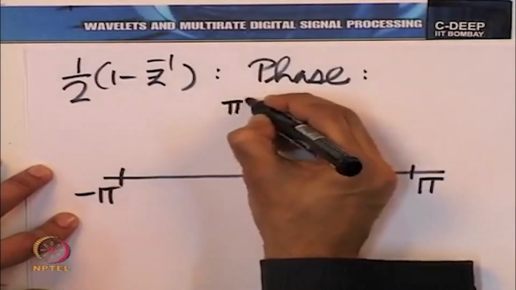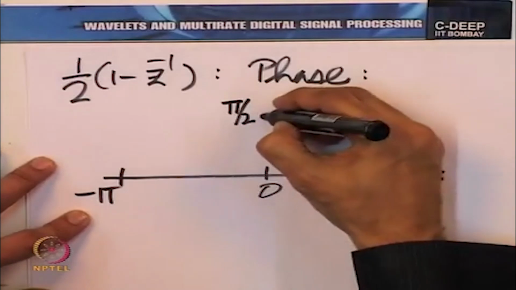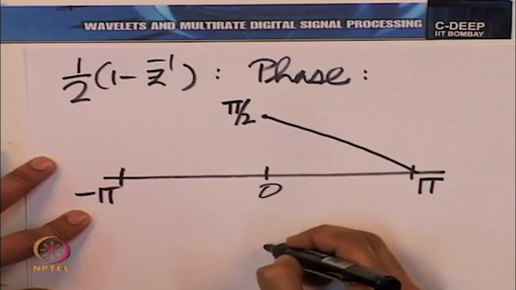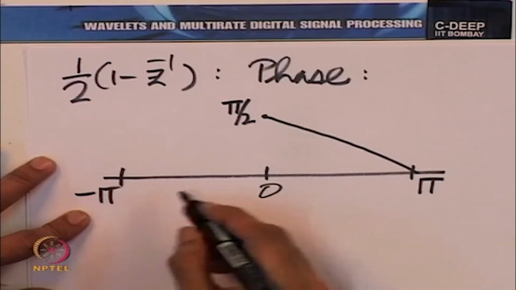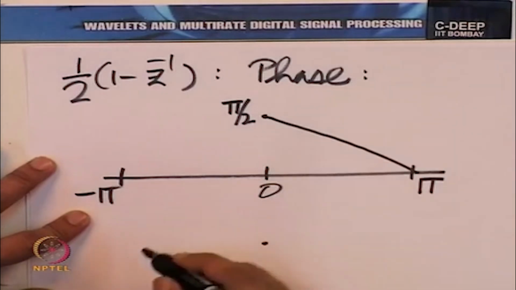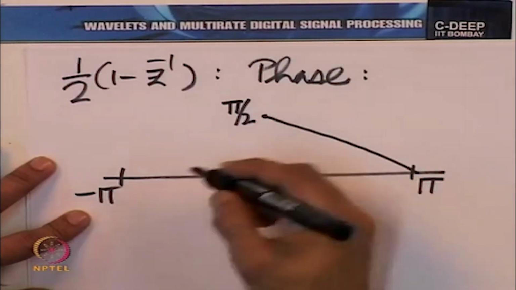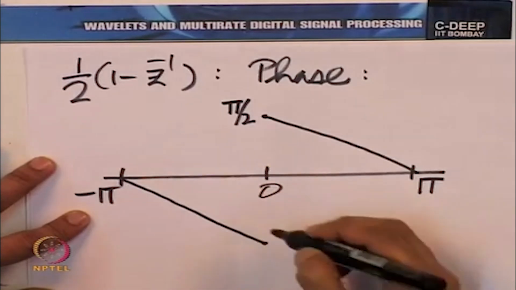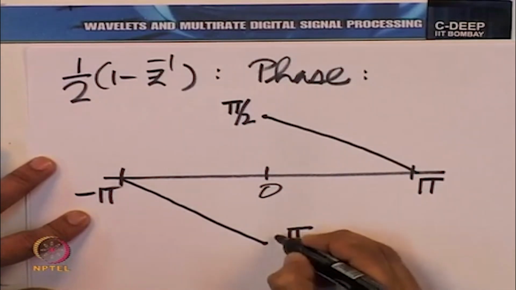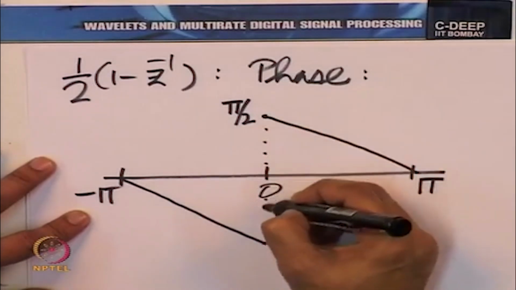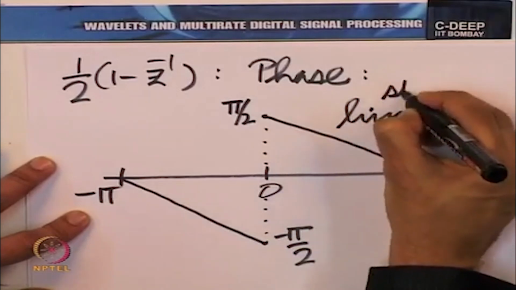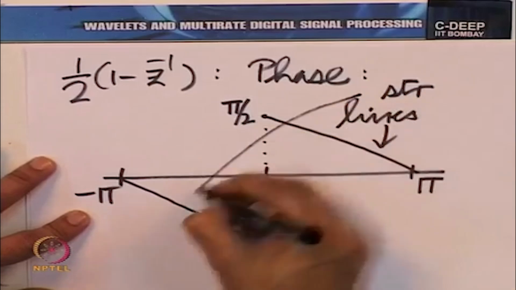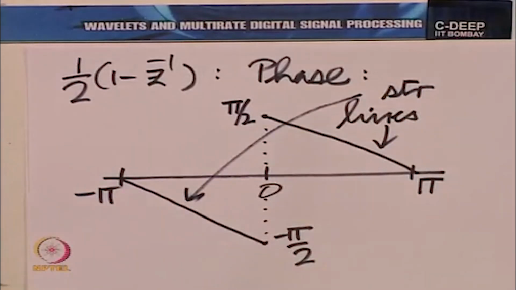Starts at pi by 2 there and goes to 0, it is a straight line segment. Here it would start, now that is interesting. You know, the phase on this side between minus pi and 0 needs to be the negative of the phase between 0 and pi. So, it will be a mirror image. These are lines, straight lines. So, we call this pseudo linear phase.